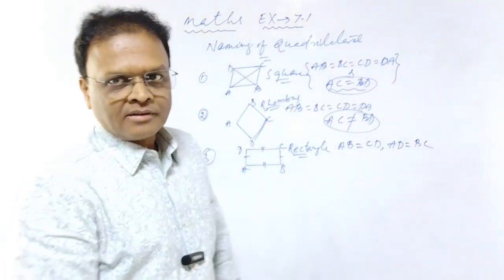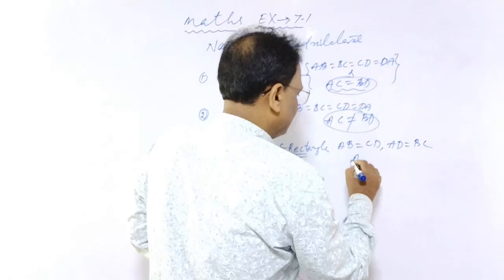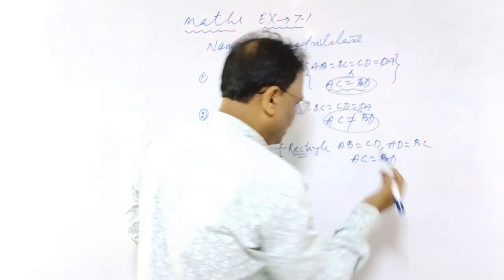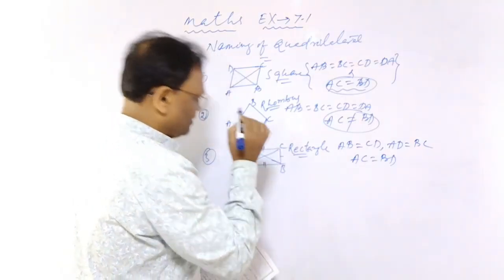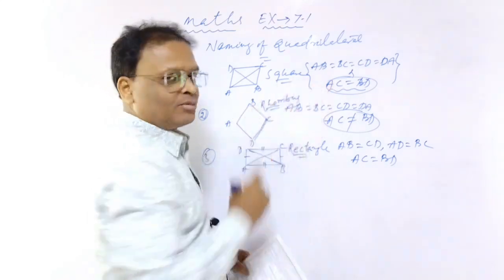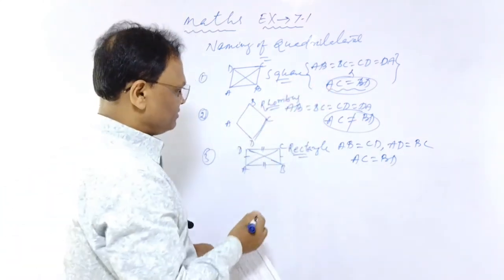Then that is the rectangle. But in addition to this, your diagonals in a rectangle will be equal. These two diagonals will be equal. Like in a square, diagonals are equal. In a rectangle also diagonals would be definitely equal.